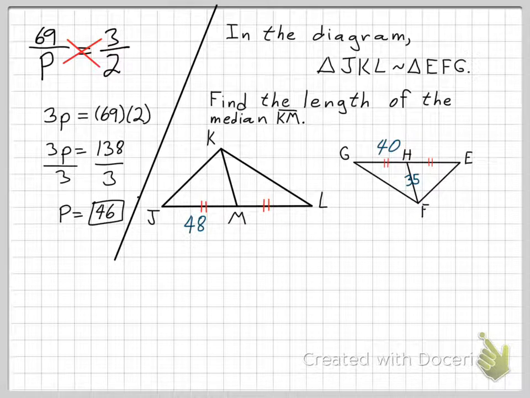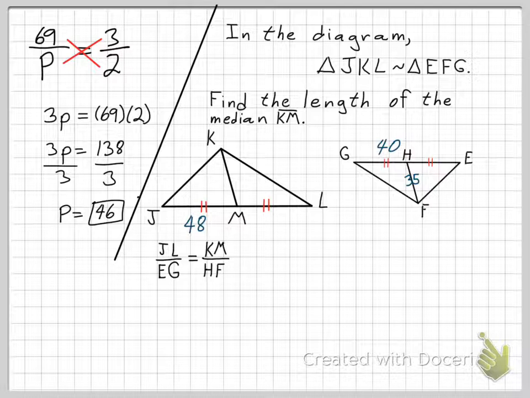Okay, let's just do one last problem. In the diagram, triangle JKL is similar to triangle EFG. So that's given, that the two triangles are similar, and it's our job to find the length of the median KM. Okay, so we would do that by setting up this proportion, right?